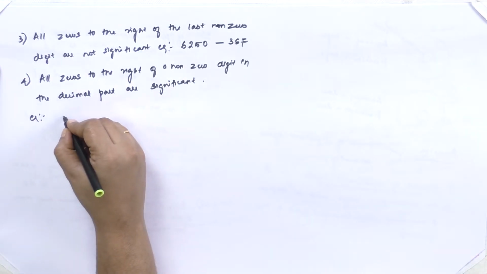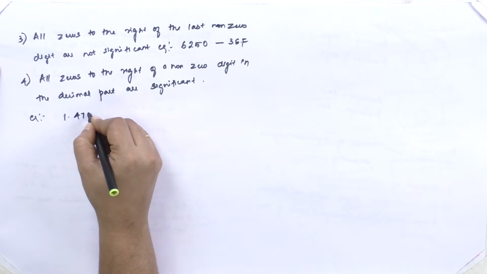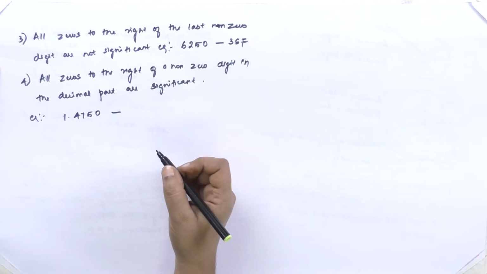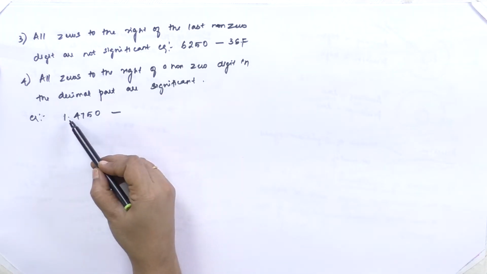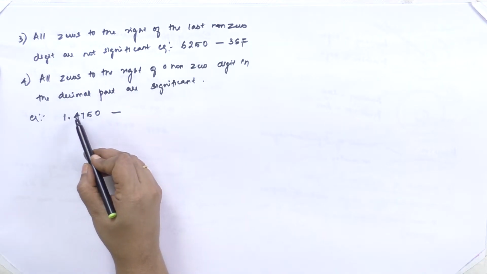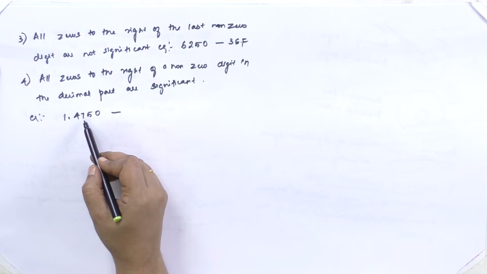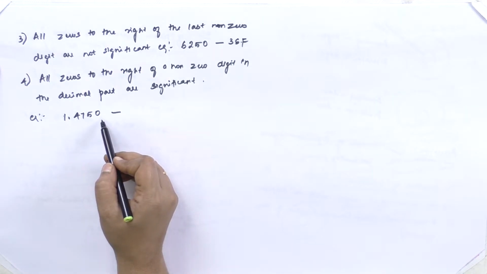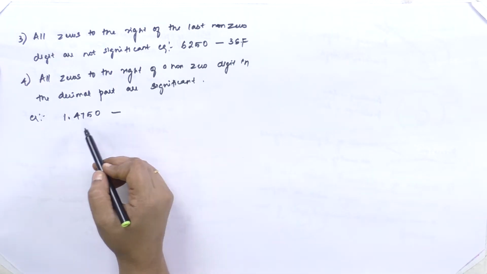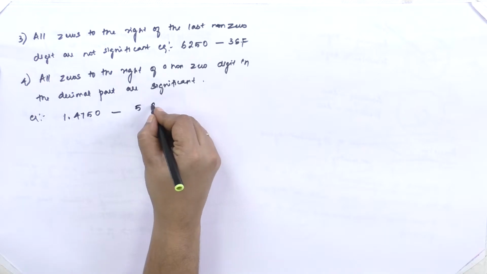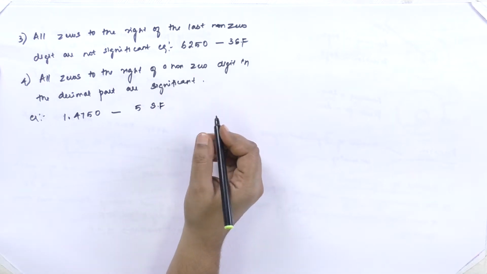Example, 1.4750. So you have to consider all the zeros to the right of the non-zero digit in the decimal part, which are to be considered for calculating the number of significant figures. So in this case we have 5 significant figures.